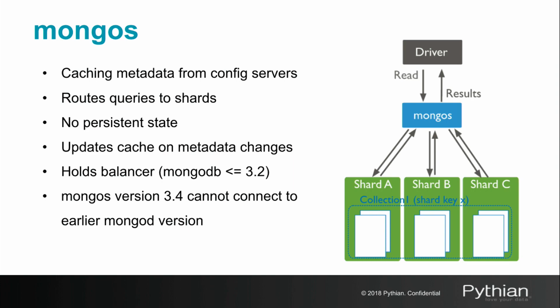As we mentioned, in previous MongoDB versions mongos processes also ran the balancer that balances the data between the shards. And starting from MongoDB 3.4, a mongos process cannot connect to an earlier version of MongoDB, which is important if you are doing sharded cluster upgrades, which we will mention later.